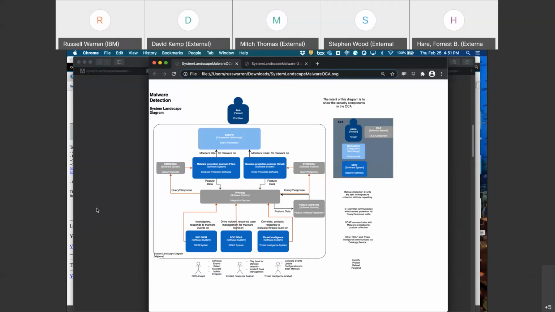So we may want to start showing that. And then the posture piece, which is what I care about, can talk to that CMDB. Okay. Yep. So that wasn't so philosophical.